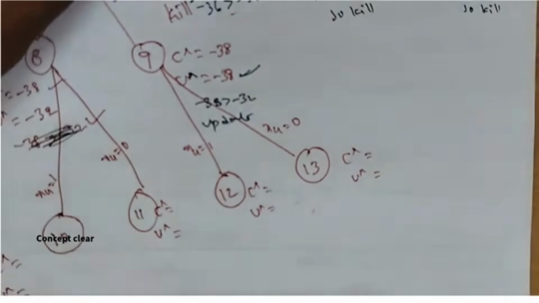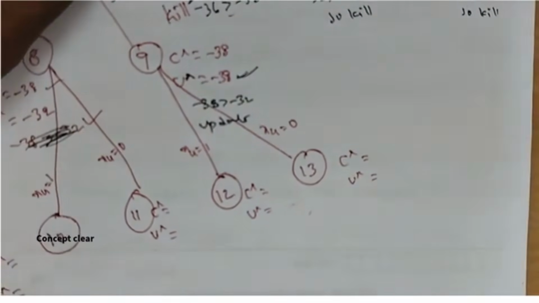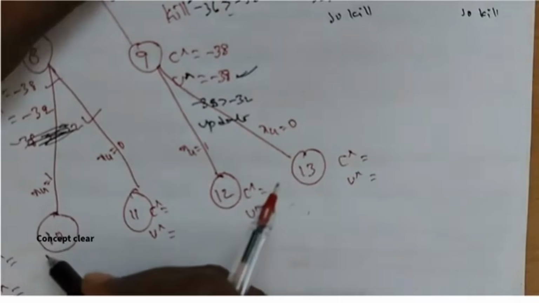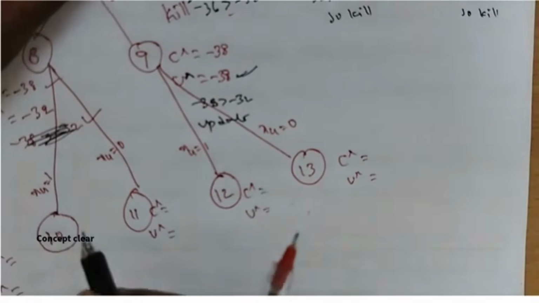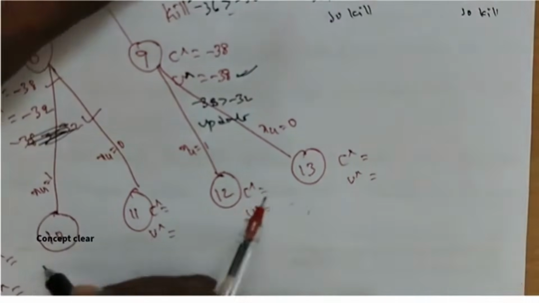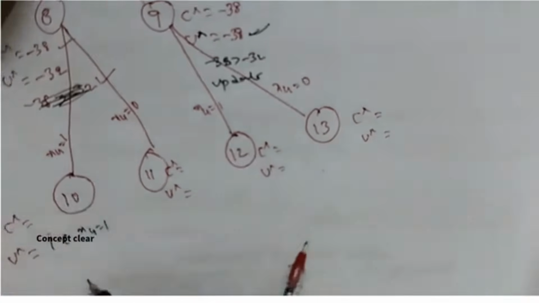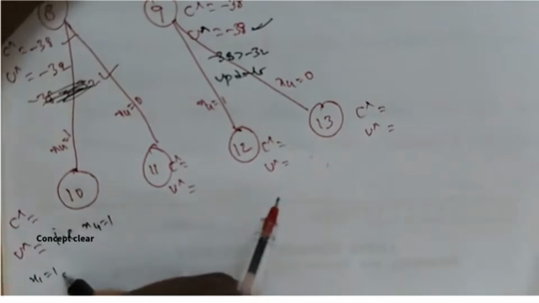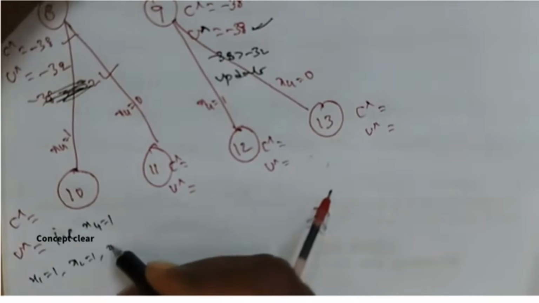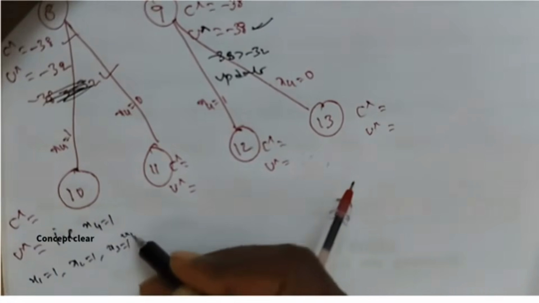Here upper bound value. Here least bound value is... it is not possible. Why? Because here x4 equals 1. x4 equals 1 means what? x1 equals 1, x2 equals 1, x3 equals 1, x4 equals 1.